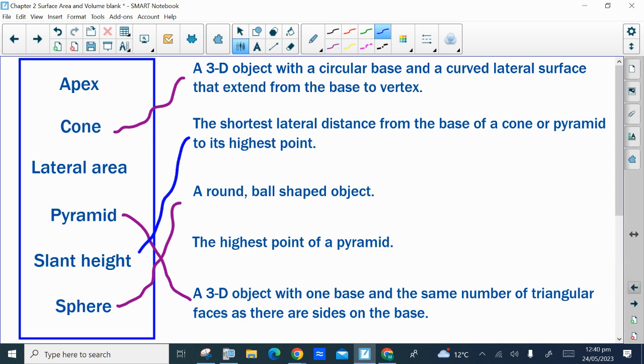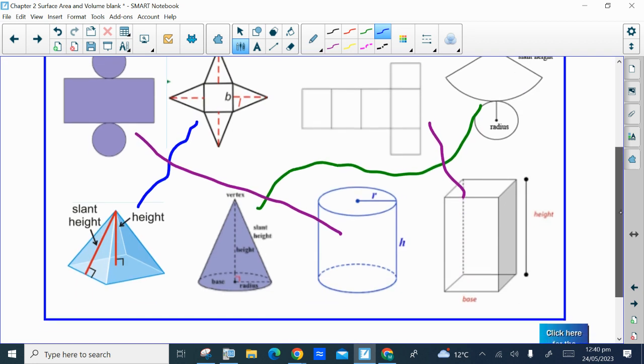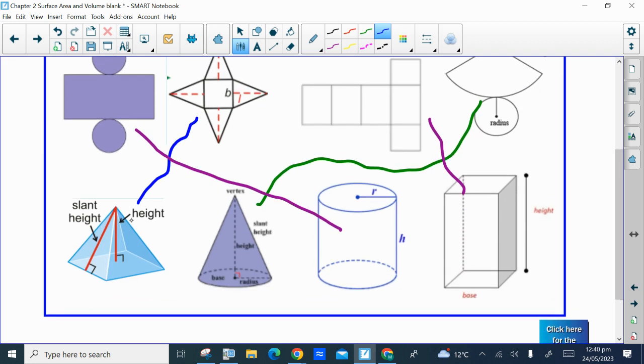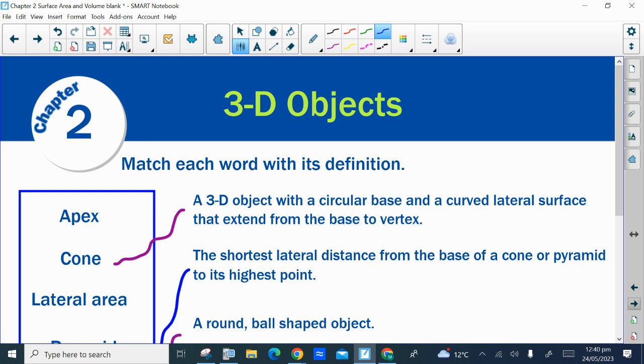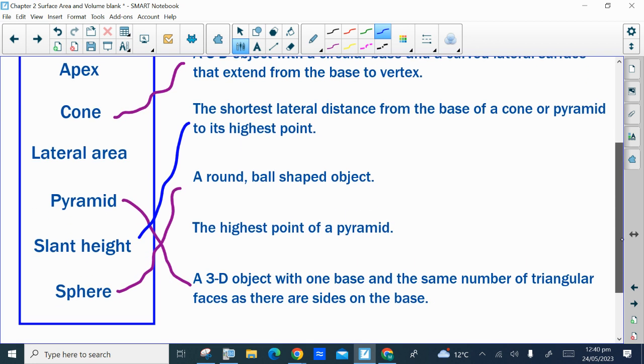So again, a pyramid has a slant height. It's the shortest distance from the top down to the base. And same thing with a cone. It has a slant height. It's the shortest distance from the top along the sides down to the base. So they both have slant heights. And that's the definition of a slant height.